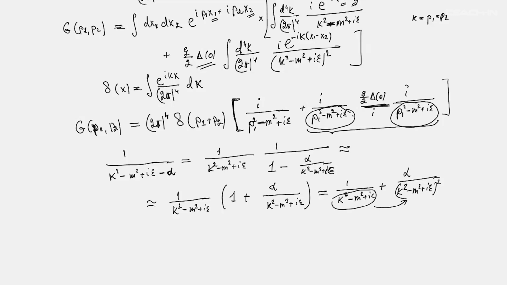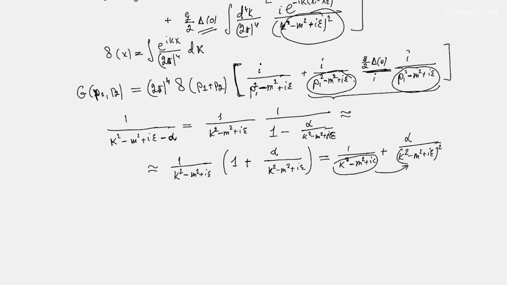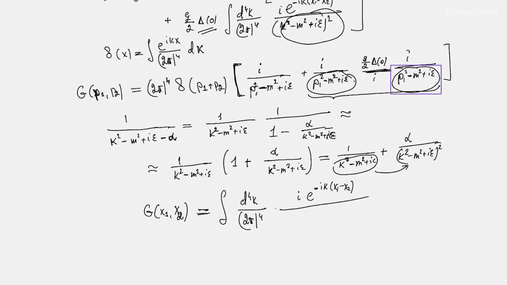So this means that actually the Green's function, if you return back to the original expression, G on x1 and x2, using the smallness of g, assuming that you are working in perturbation theory, can be written as follows: the integral d^4 k over (2 pi)^4, i exponential minus i k (x1 minus x2), and then in the denominator, you get this small alpha appearing in the form of the shift by g over 2 delta of 0 plus i epsilon.